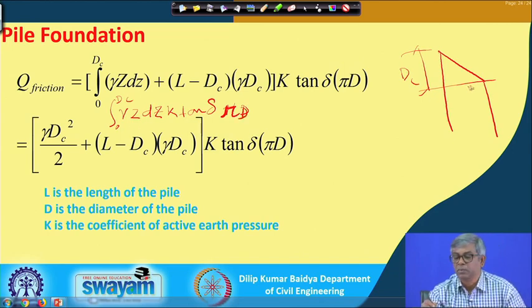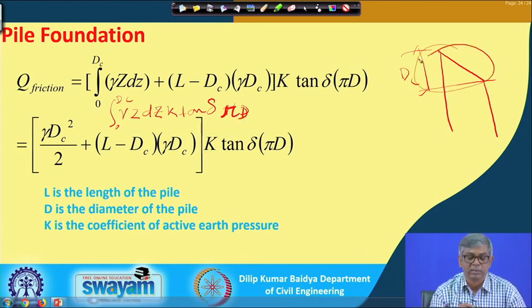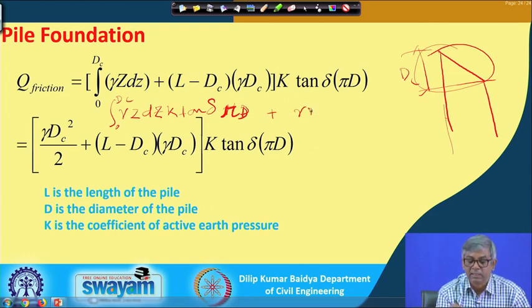So, this is giving you the load from here to here, and for the remaining depth here the unit skin friction will be constant. So, what will the unit skin friction be? This will be plus gamma times dc multiplied by k, and multiplied by tan delta, that becomes the unit skin friction.